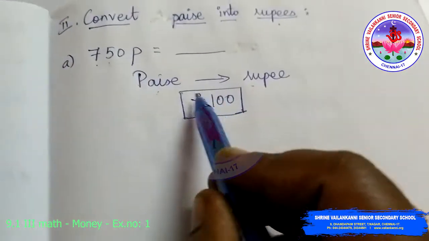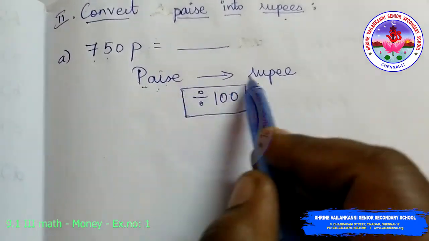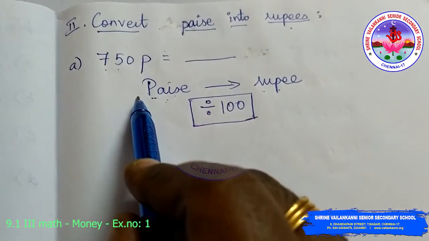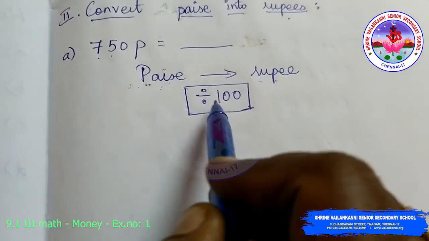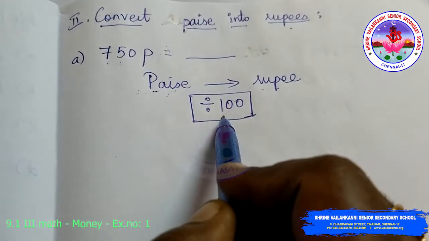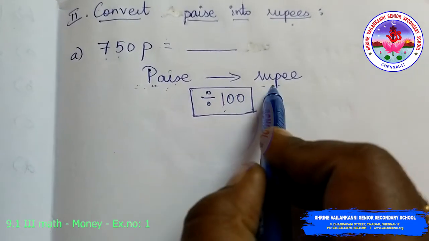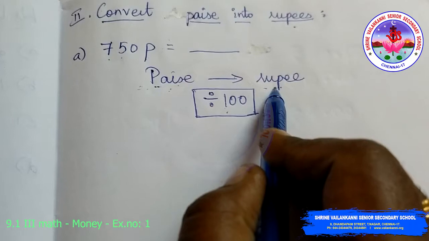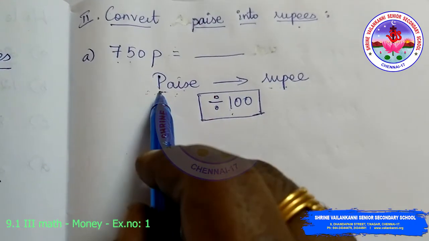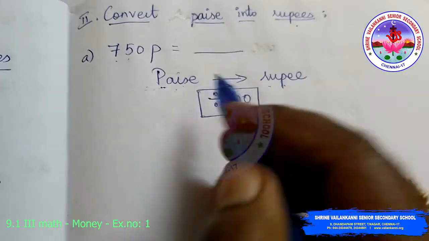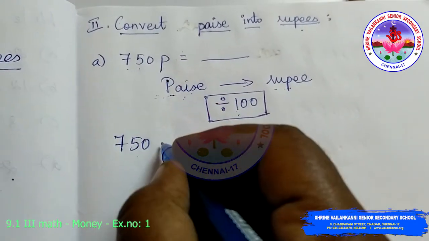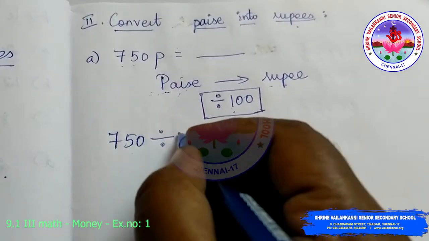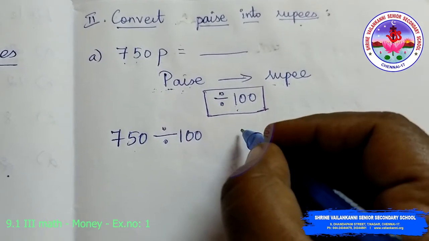Likewise, when you convert pies to rupees, whatever the paisa value is given has to be divided by 100, so that after dividing you get your value in rupees. Here 750 pies is given. This paisa value is 750, so this has to be divided by 100.